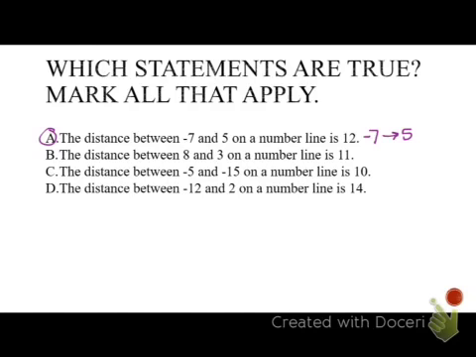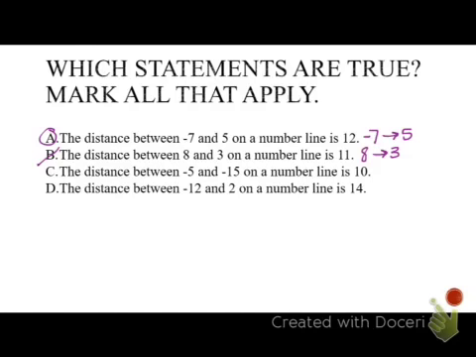In B, the distance between 8 and 3 on a number line is 11. If you wanted to go from 8 to 3, you would move left 5 spaces, which is not a distance of 11.